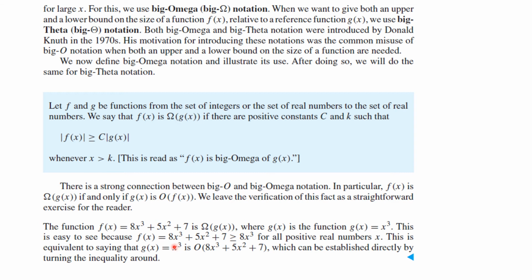And again, since there's 8x cubed, this is bigger than or equal to 8x cubed, because you're adding positive things to it. So those can be your witnesses. And so this is equivalent to saying that g of x equals x cubed is big O of 8x cubed plus 5x squared plus 7. And so we're using this definition to think about the lower bounds.